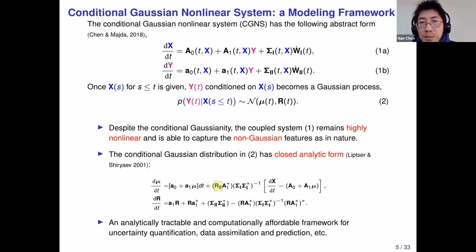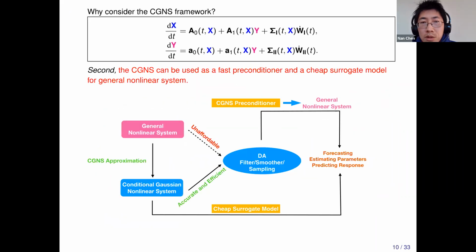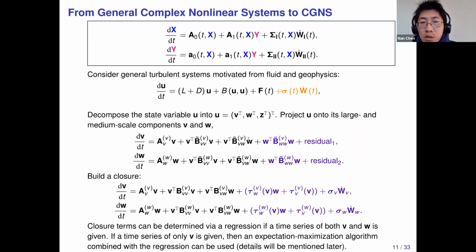But here, the purpose of building this very special type of closure is we not only want the forecast skill to be good, but also we want this model to be skillful in recovering some hidden states, meaning that we want the data assimilation or state estimation to be taken into account as well. So the starting point is slightly different from the classical closure methods. And that's why we prescribe this conditional linear closure terms here.